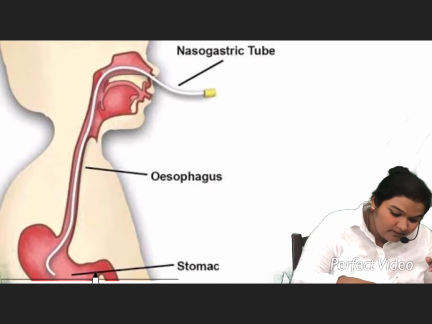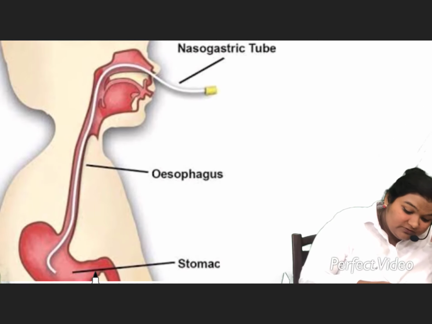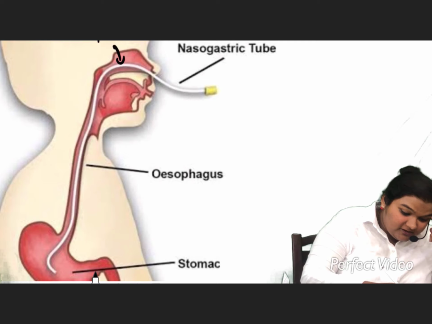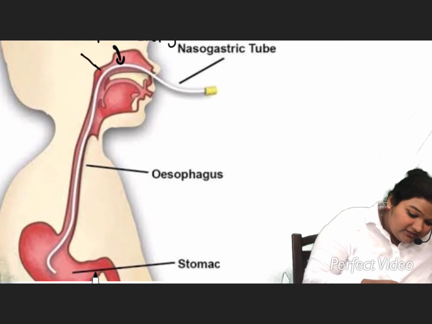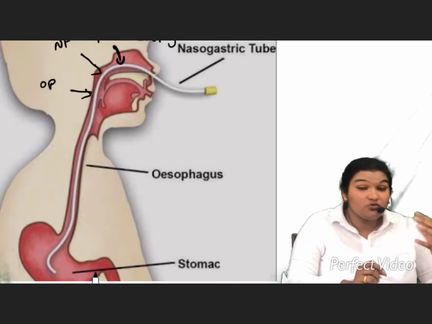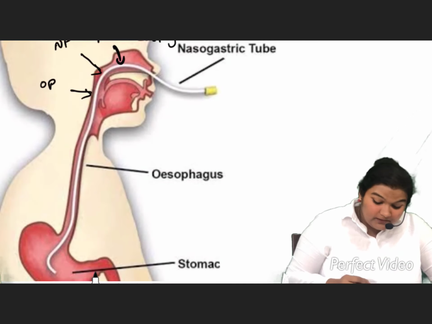As you can see, the tube is passing through; this is the nasal cavity, this is the nasopharynx and this one is the oropharynx. So what is choanal atresia? When there is a membrane present over here.